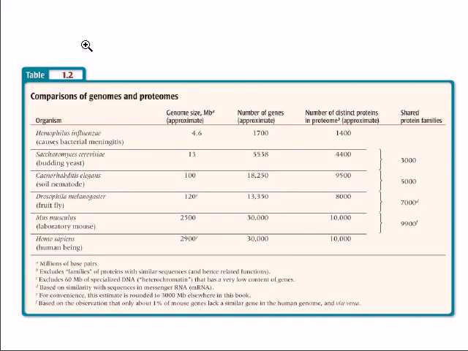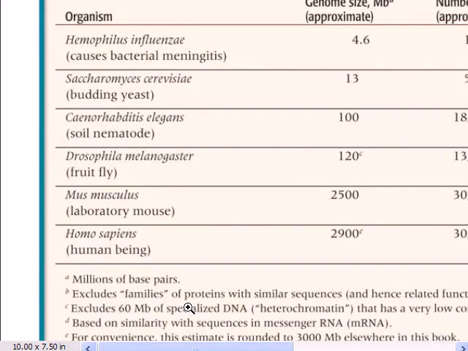One of the most exciting things about studying genetics in the 21st century is that we now have the ability to rapidly determine the base sequence of entire organisms, and that's called the genome, the total genetic information in an organism. A bunch of organisms have been sequenced. This particular table shows that bacteria, yeast, a nematode, which is a little soil roundworm, a fruit fly, a mouse, and a human being have had their genomes sequenced.